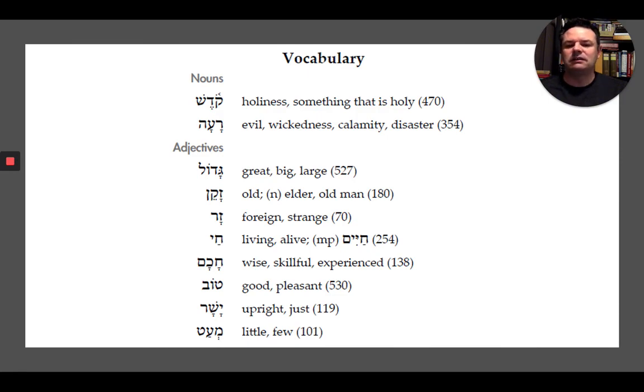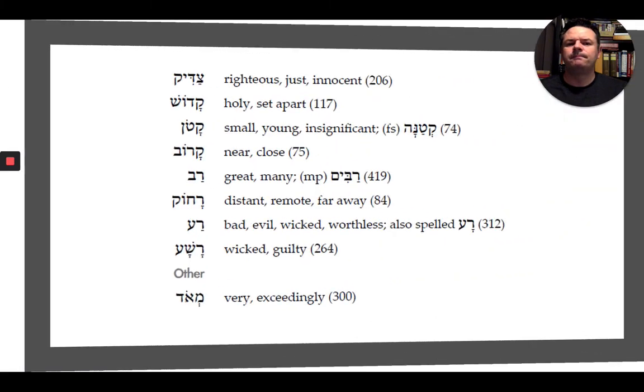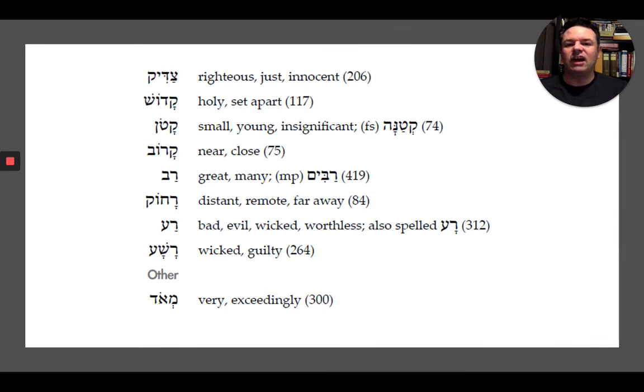Tsadik, righteous, just, innocent. Righteous is probably the most common one. Kadosh, holy, set apart. Katon, small. It can also mean young or insignificant.